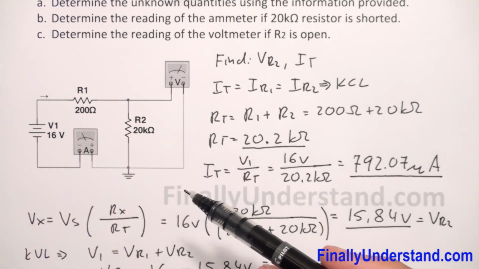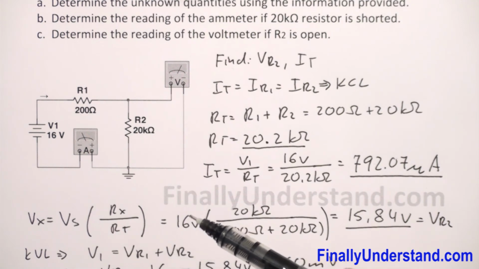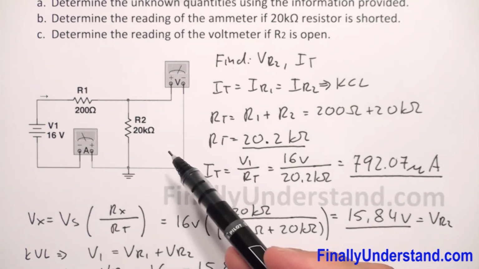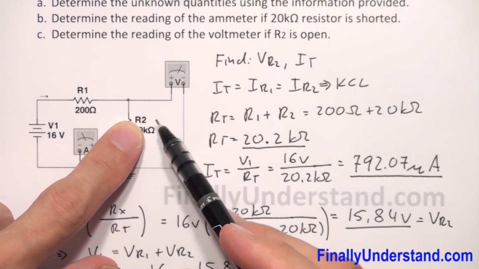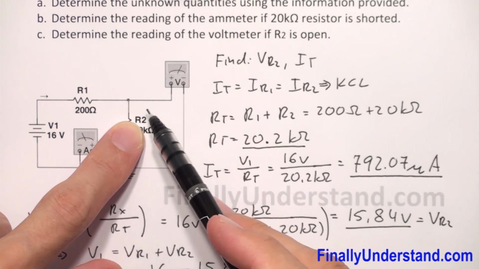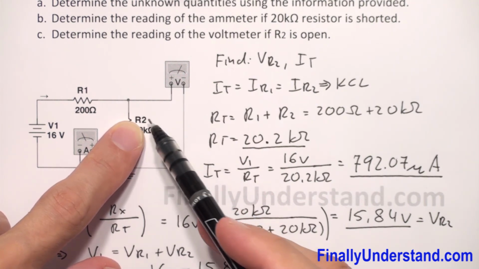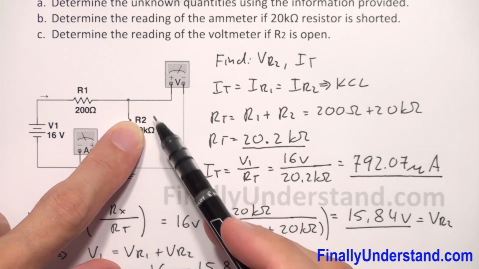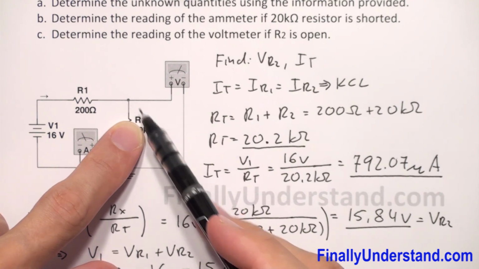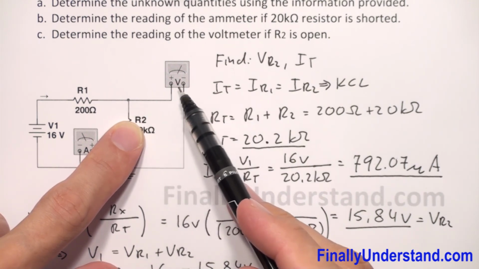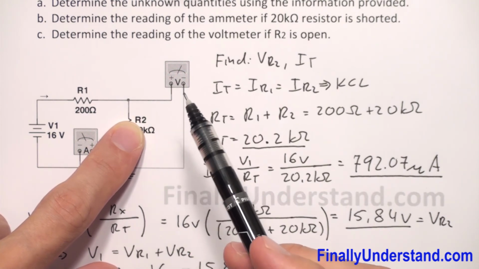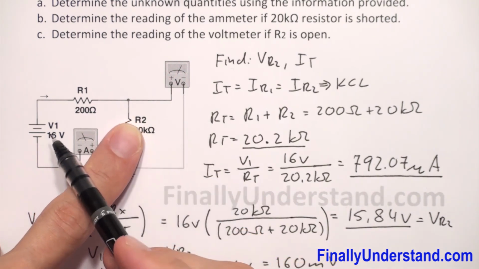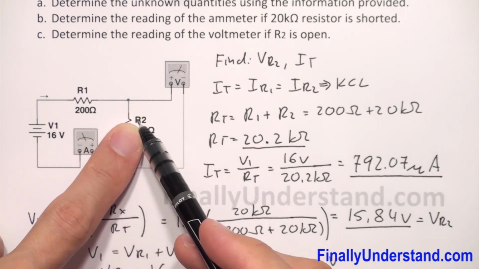You're supposed to keep in mind that the highest voltage is always going to concentrate across the highest resistance. So if this resistor is open, there is extremely high resistance, so the entire voltage, the maximum voltage I suppose to say, is going to appear between these two terminals, so across the voltmeter. KVL says that the voltage source is equal to V1 plus V2.